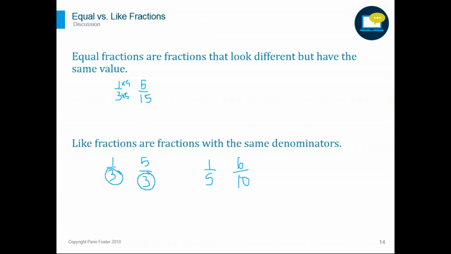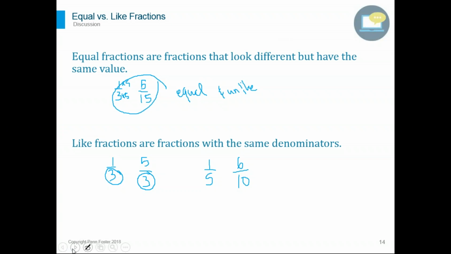Even if you find out that two fractions are equal, like this example, these are equal fractions, but we call them unlike fractions just because that one has a 3 and this one has a 15. So this set of fractions, we can call equal and unlike. That's it. And these ones are not equal and they are like fractions.